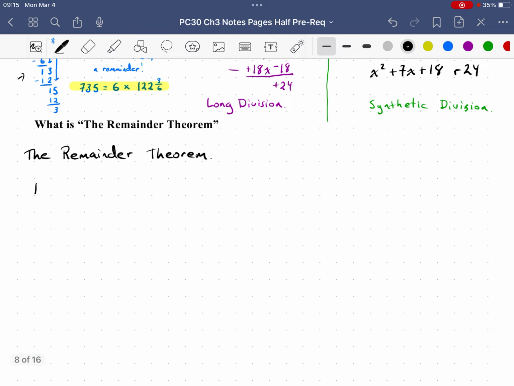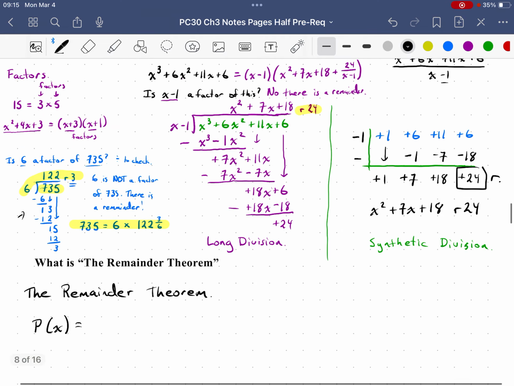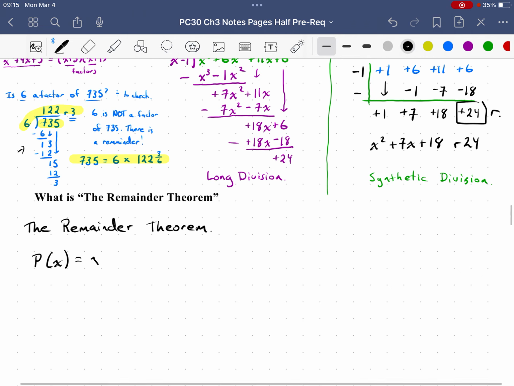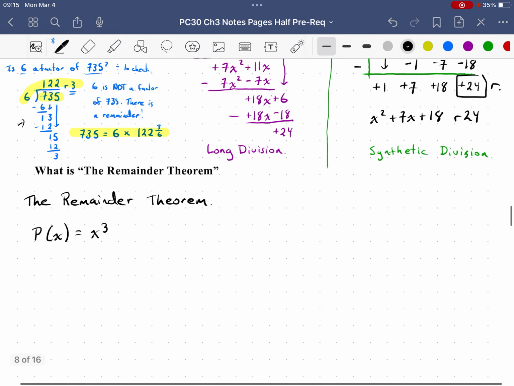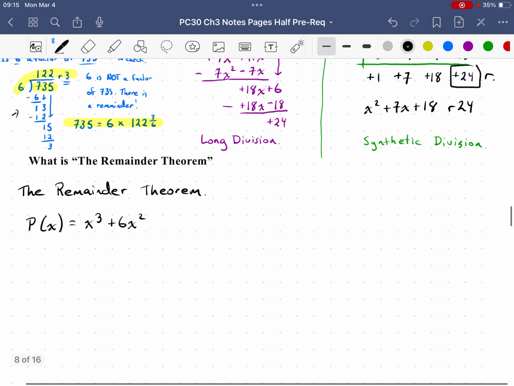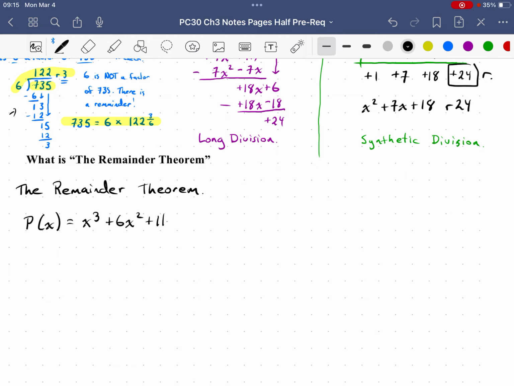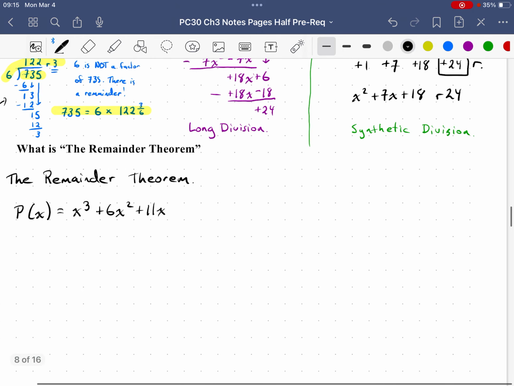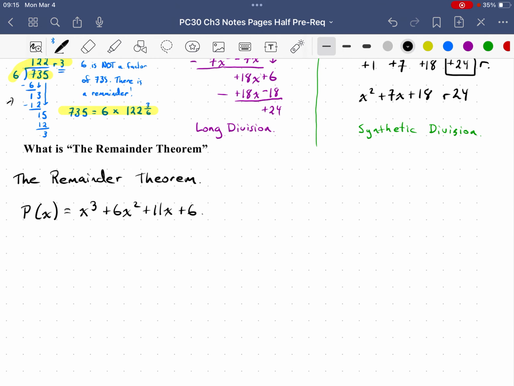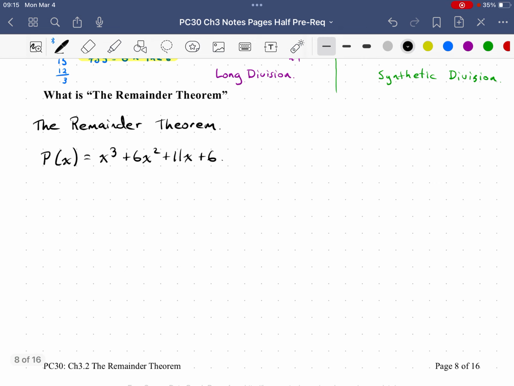We have our polynomial P of x equal to x cubed. We're going to use the same one, x cubed plus 6x squared plus 11x plus 6. So this is our polynomial.